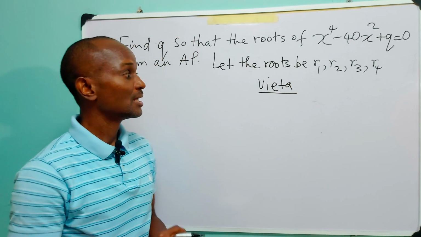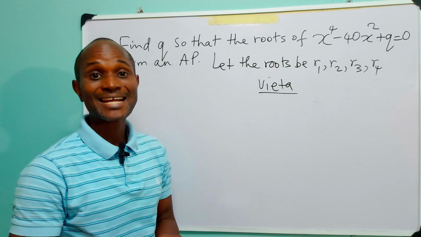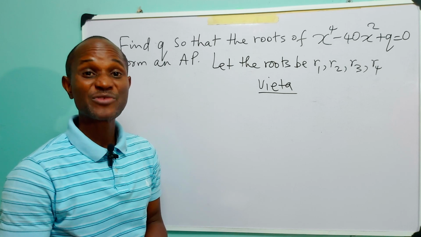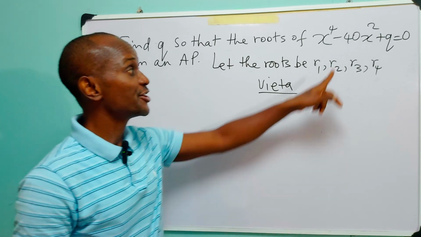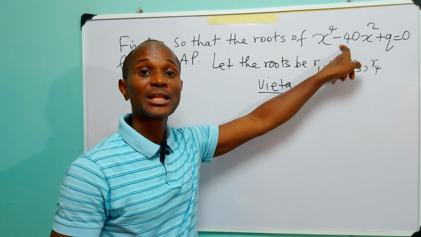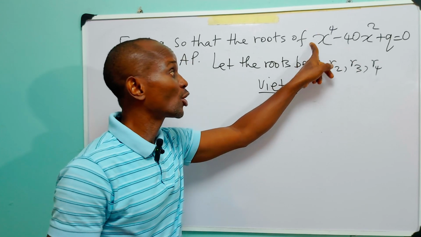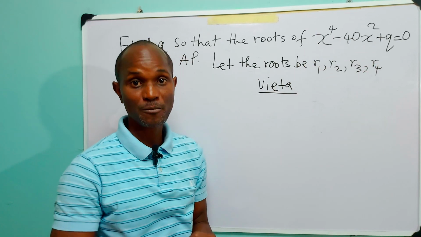Vieta's formulas are a set of equations that give us the relationship between the roots of a polynomial equation and the coefficients of the polynomial.